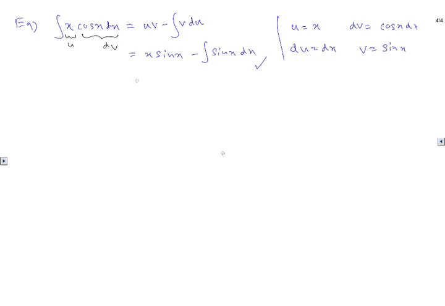This is an easy integral, so we have x sine x minus the integral of sine x. The integral of sine x is negative cosine x plus c. So you're going to get x sine x plus cosine x plus c.